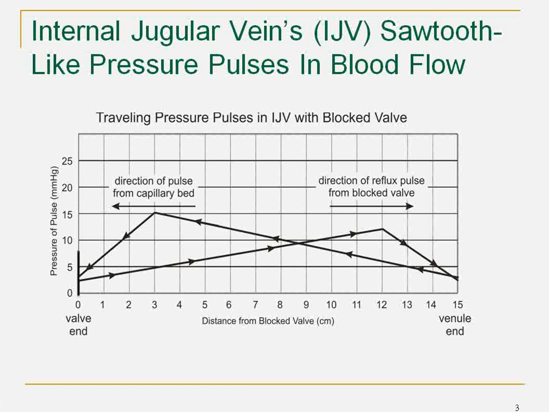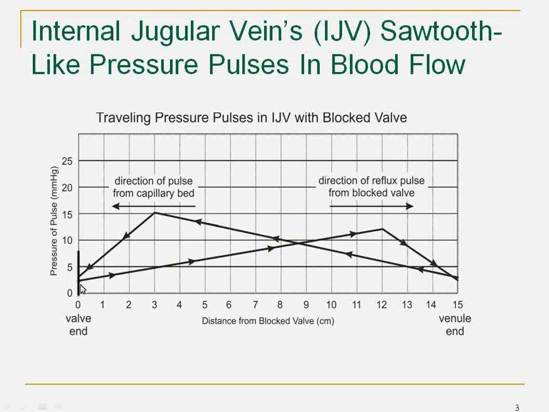Now, the blood is more sawtooth-like in its pressure pulse, looking something like this. And in this case, I have one pulse that is flowing from the capillary bed, which is off in the right direction here. It comes out of the drainage end of the capillary bed, which is also called the venule end.